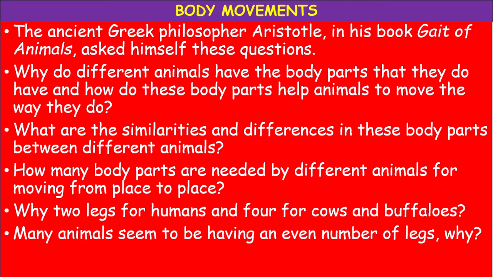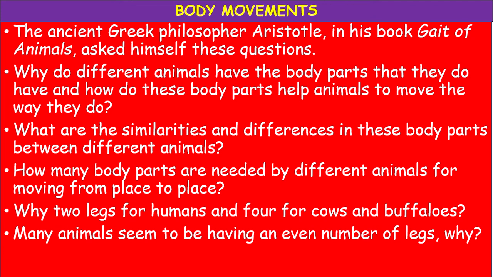So why do different animals have the body parts that help them to move? Because the structure of the body is such that according to that structure, their locomotory organs, the organs of movement, are also designed. What are the similarities and differences in these body parts between different animals? For example, a fish moves with the help of fins. A snail moves with the help of a muscular foot. A bird, with the help of wings.